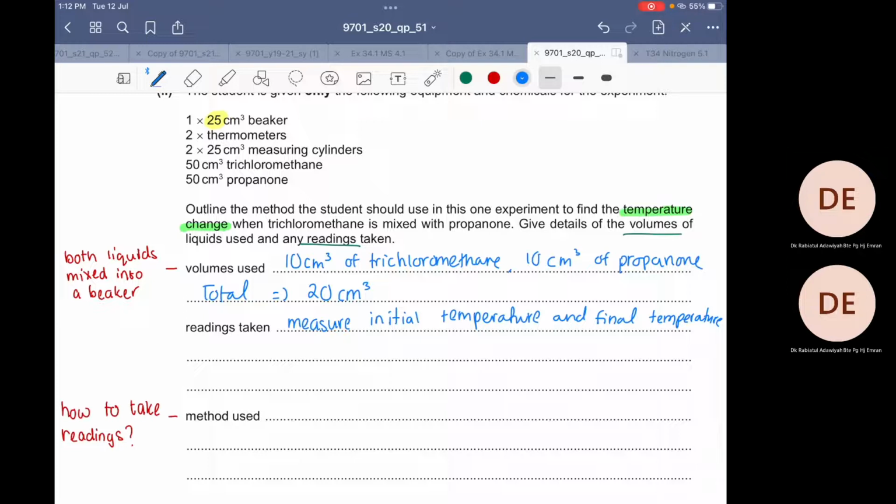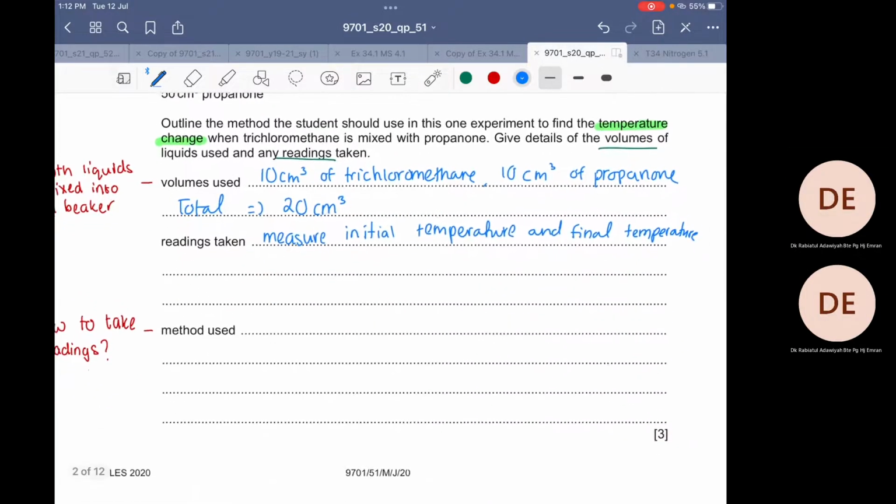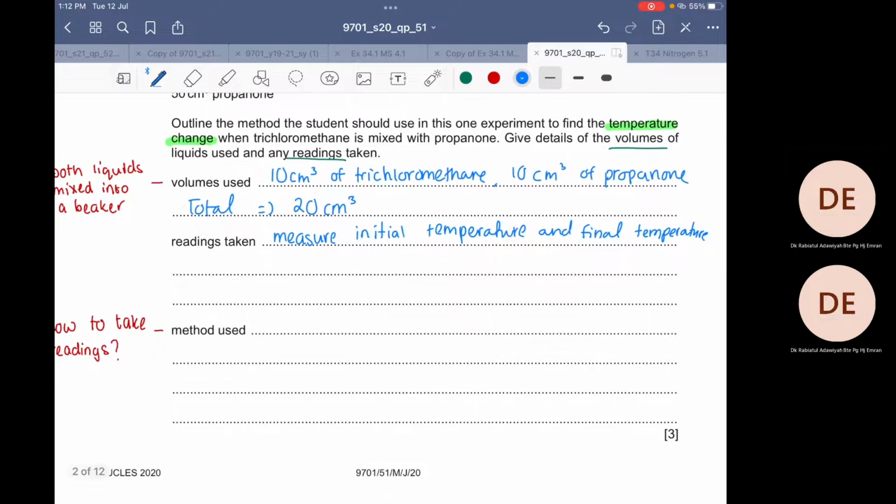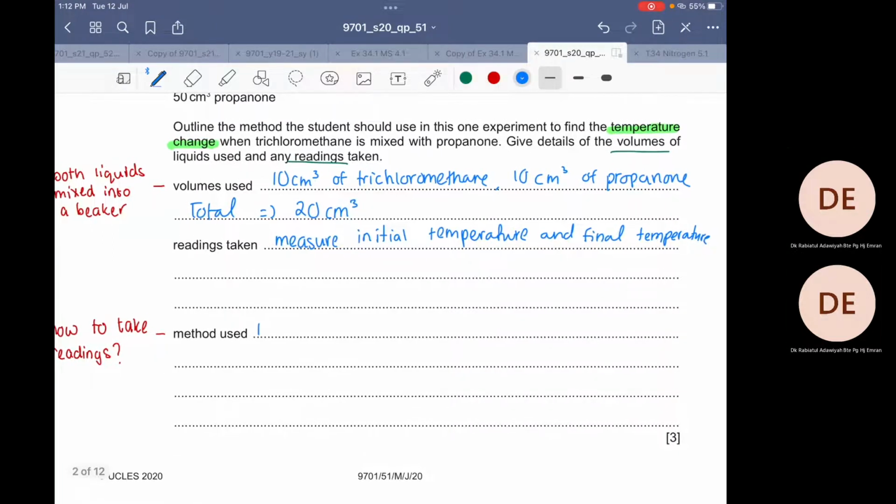We also need to make sure that, okay, so that's in the method used. So method: first we mix the two liquids, mix the two reagents, and stir. Mix and stir is the same thing already, right?